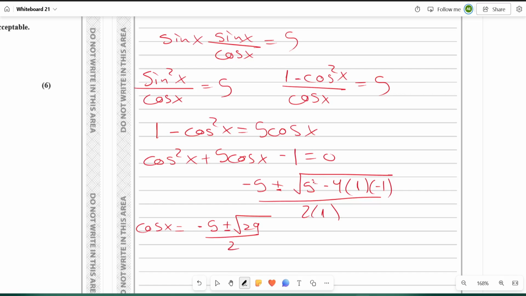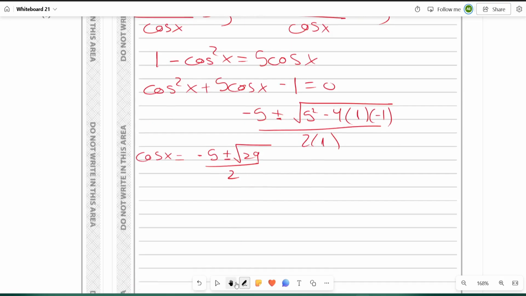Yeah, because 5 squared is 25, 25 plus 4 is 29. So this is the answer. So cosine x is one time plus, one time minus. So let's try to solve cosine x equals minus 5 plus root 29 over 2.